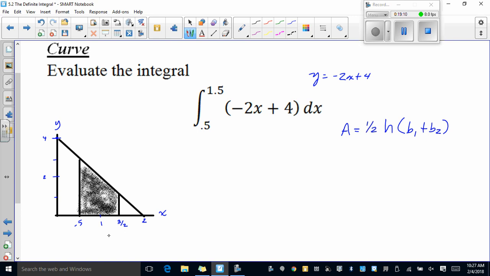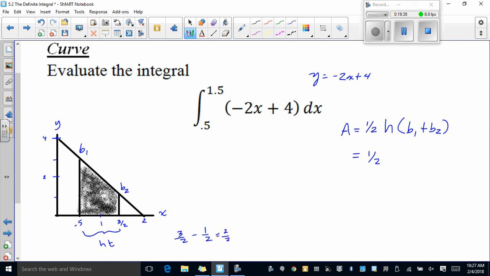So we start plugging in values. 1/2 our height, which is going to be your b minus a, is going to be 3 over 2 minus 1 over 2, which gives you 2 over 2, or 1. Your base 1, and again, it doesn't really matter which one you use first or last because you're going to add them. So this is 0.5.